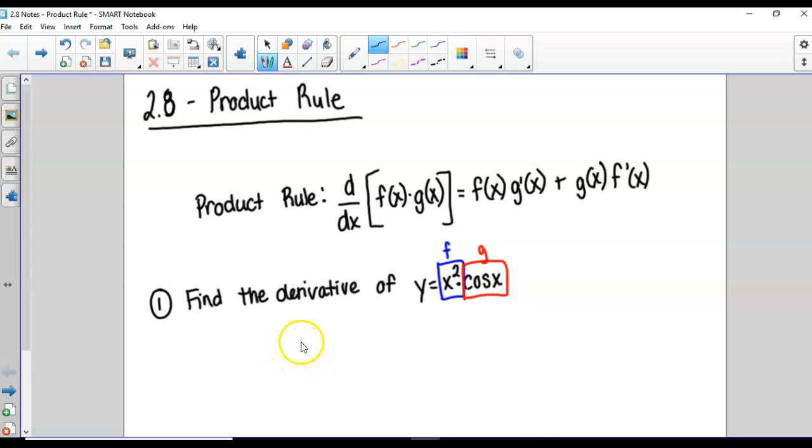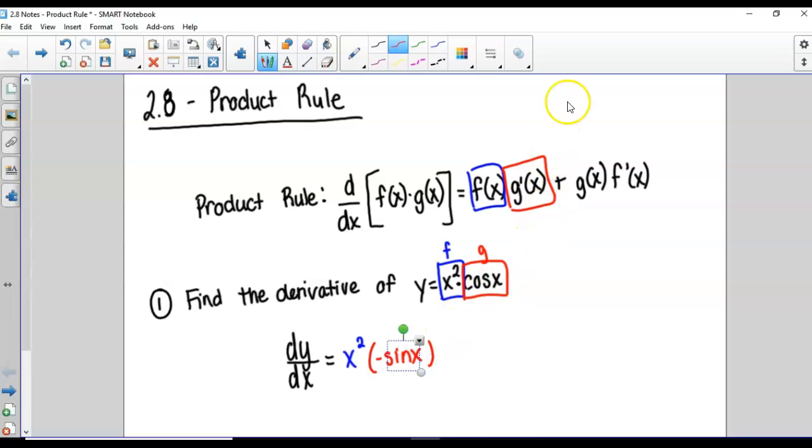So we're going to have dy over dx equals, and then we have to have f of x, so that's just our x squared, times g prime of x. So g prime of x, the derivative of cosine, is negative sine x.